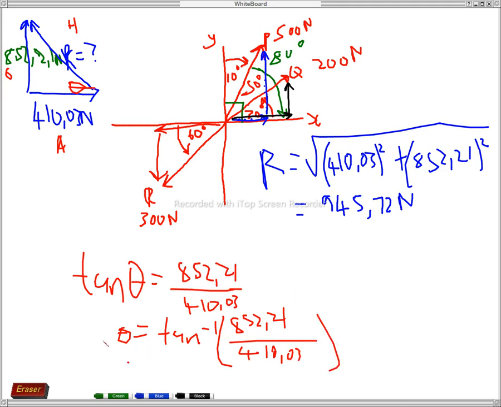So the size of theta, or the direction of this, is going to be 64.31 degrees. Therefore, this is the magnitude, as well as the direction for the resultant.